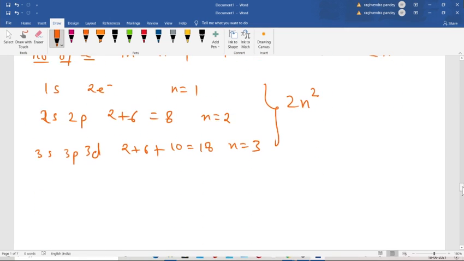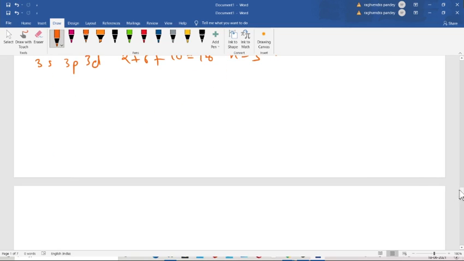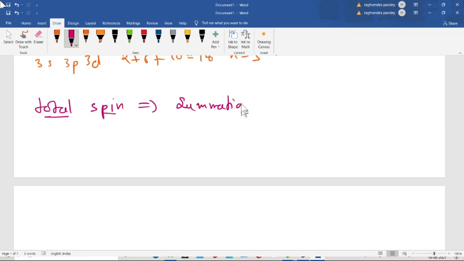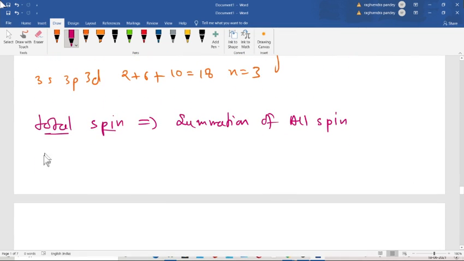That is easy. Another thing that they ask is the total spin. Total spin is the summation of all the spins. Let's take a question.